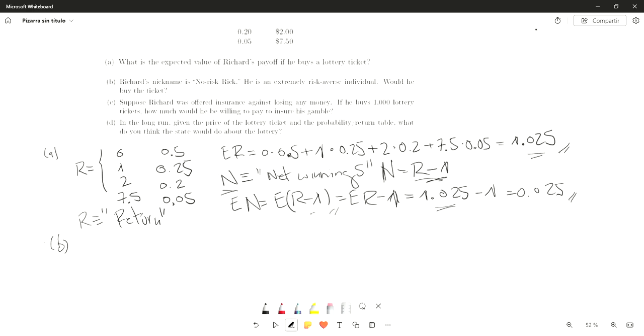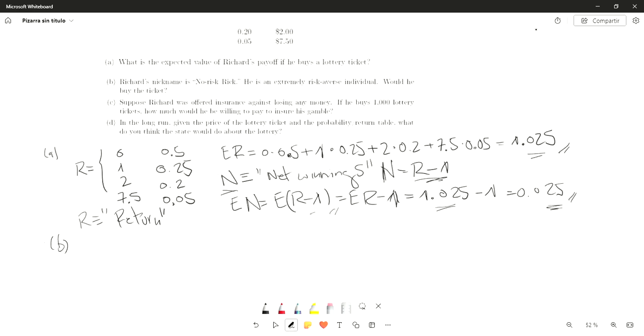Just with the solution we got, 1.025, we may say that he would play. But there is a detail which tells us that he is an extremely risk-averse individual.